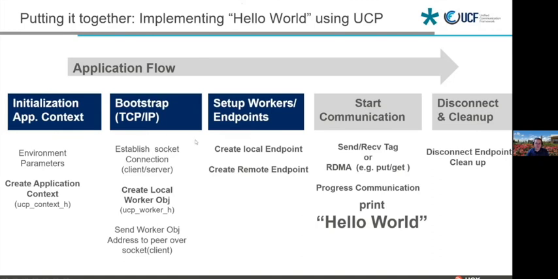And then the remote node will also create a local worker object. It'll take that remote address that you sent it out of band, use that to create its local endpoint, and then connect that to the remote endpoint. And then you can actually proceed to doing your communication. And, of course, then you disconnect at the end.